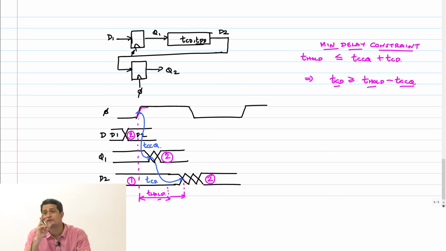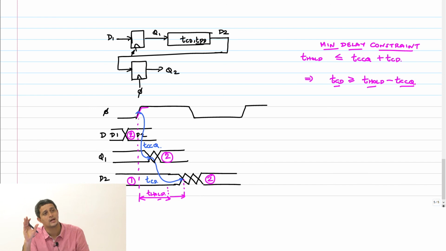So you have to be very careful about hold violations. If at simulation or at design time itself you figure out there's a hold violation, what should you do? Add buffers and increase the delay of the combinational block, right? That contamination delay you should increase somehow. Add some buffers and you can solve that problem there. But after the chip is manufactured, nothing.